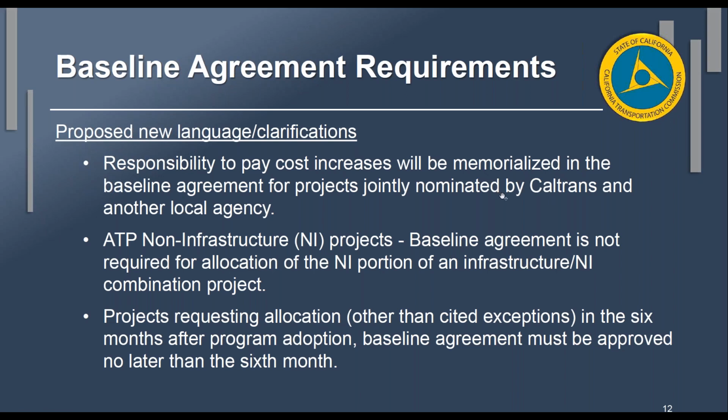So this slide is basically some new proposed language and clarifications that we've had questions on, again, in the past 2 cycles. So we're going to add some additional language that says that the baseline needs to reflect the responsibility to pay for cost increases in the baseline agreement for the projects that are jointly nominated by Caltrans and another local agency.